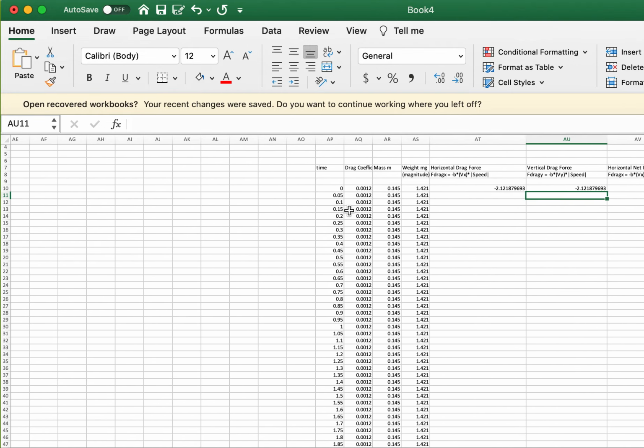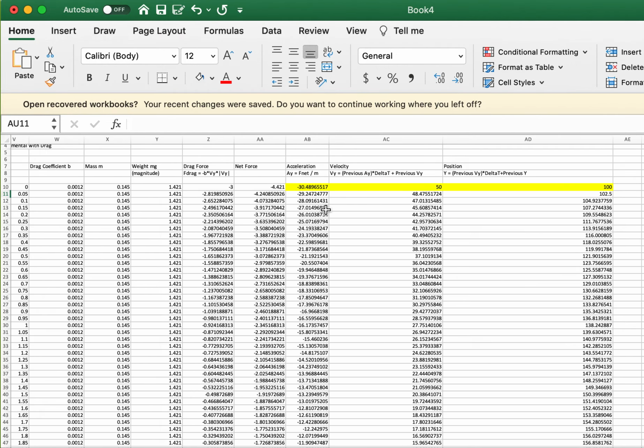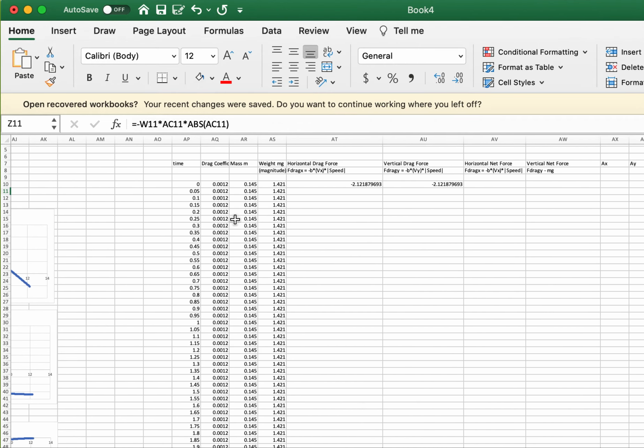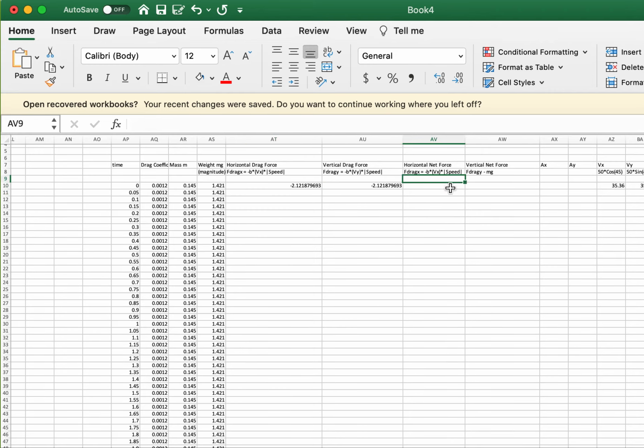Alright, see how that compares to our previous drag force. Yeah, okay, it's similar. Before we were actually just going totally upward, now we're going at an angle. Now let's get the net force.